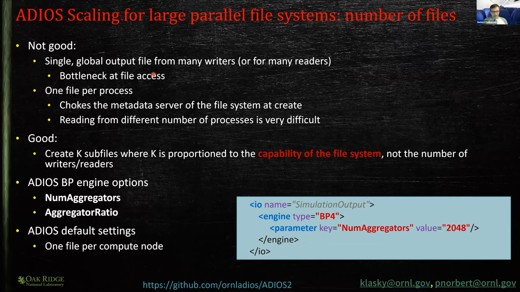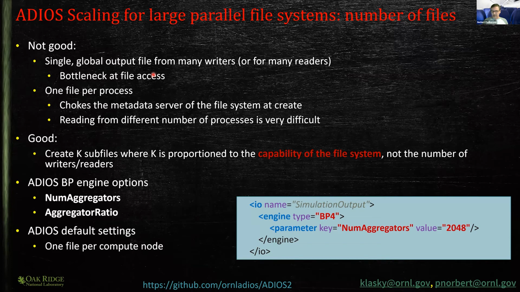So what we have to do is pick a number of files that we are going to write, and that number should be proportional to the capability of the file system, not the number of processes. You have n processes, the number of files is independent from that. It needs to be picked for the given system.